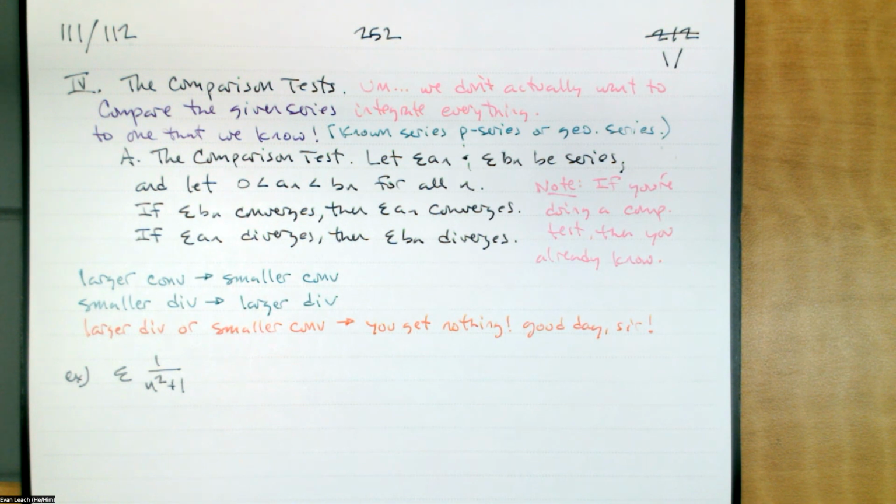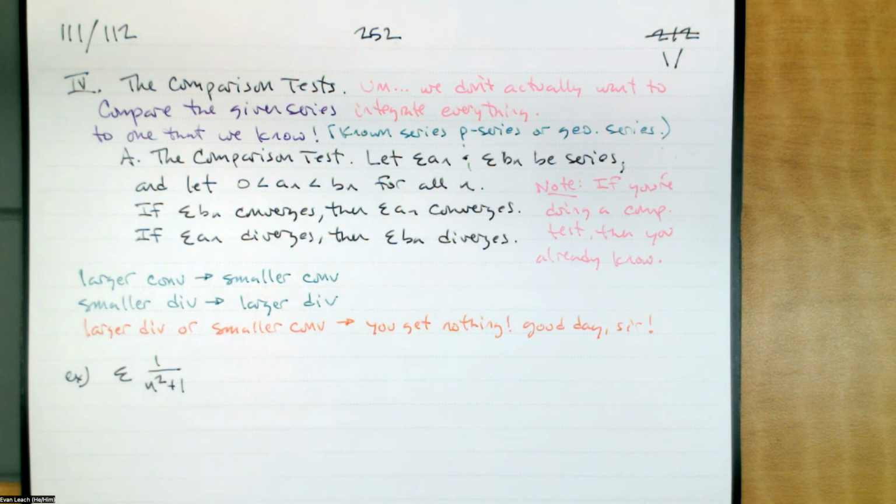I look at the series and it's 1 over n squared plus 1. We're going to conclude that this one converges because it's like a p-series. It's not a p-series. It's not of the form 1 over n to the p, but it's close enough to a p-series that we're going to say this one behaves like the p-series 1 over n squared, which converges. So we're going to be suspicious and say, we bet this converges.